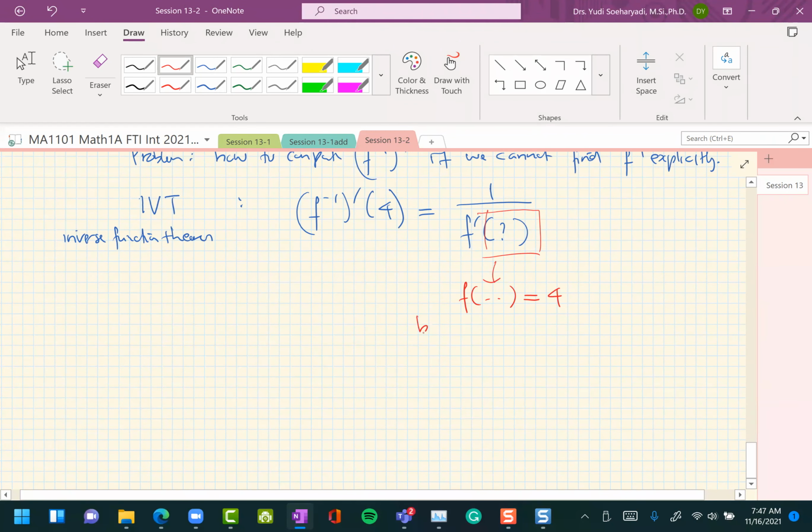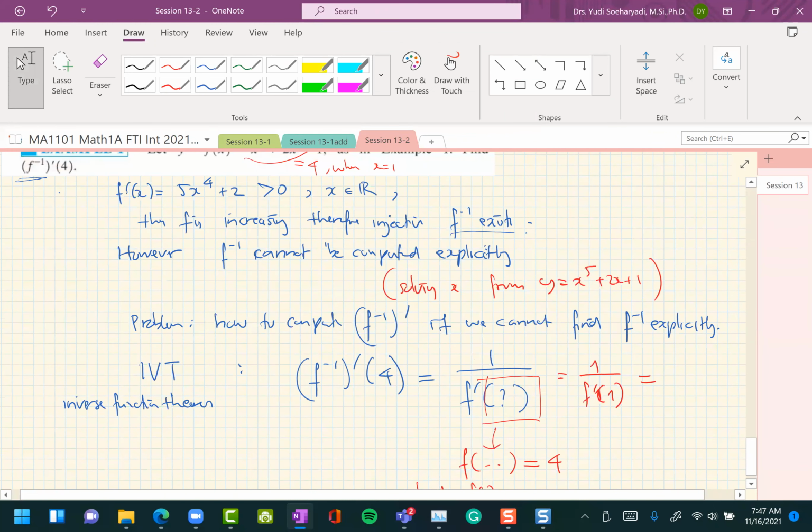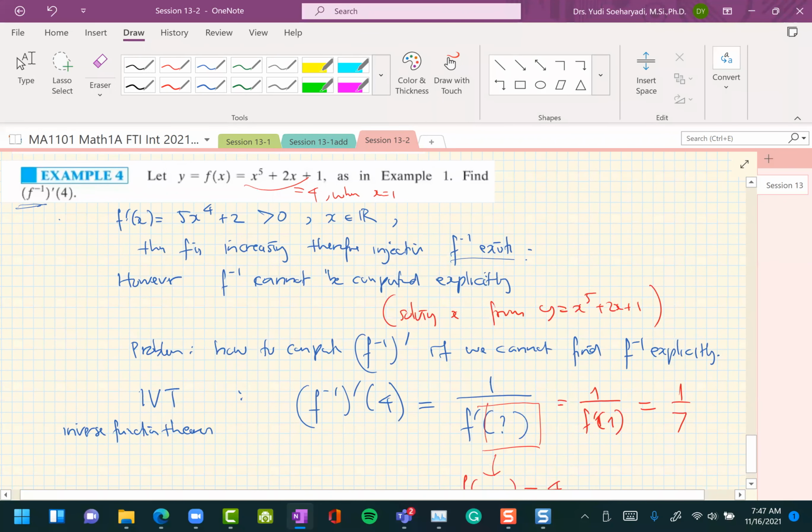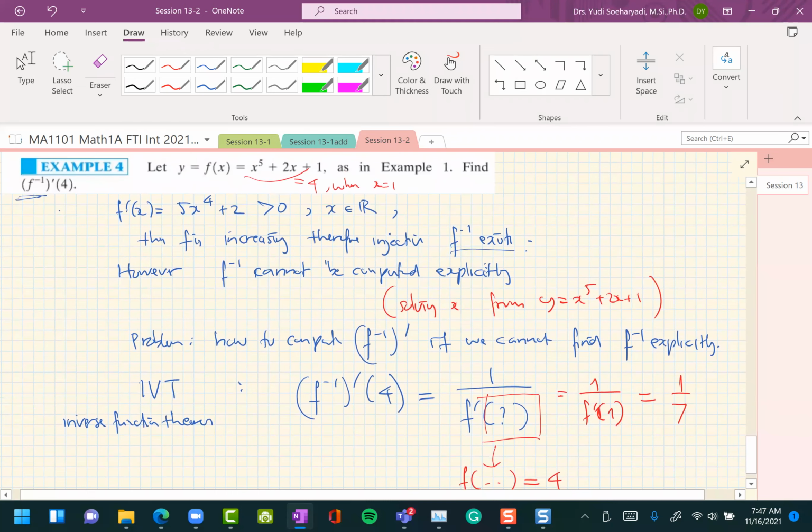So this is 1 over f prime of 1. And if you compute it directly, you plug in 1, this is 157. Any questions?